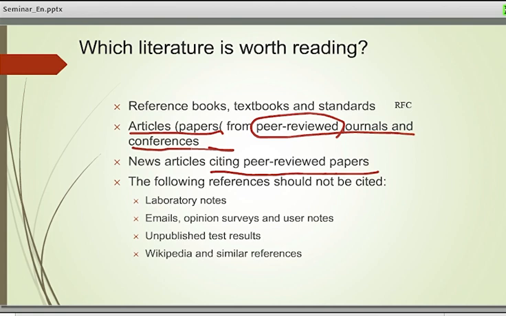So they may have exaggerations, they may have phrases and terms that are not scientific. Therefore, news articles really are not the best type of references. But especially those that cite or give reference to peer-reviewed papers are useful.